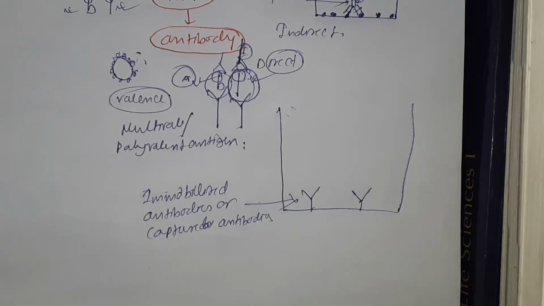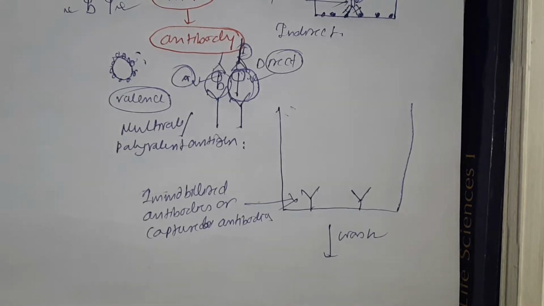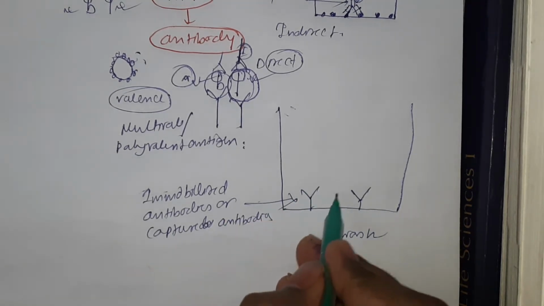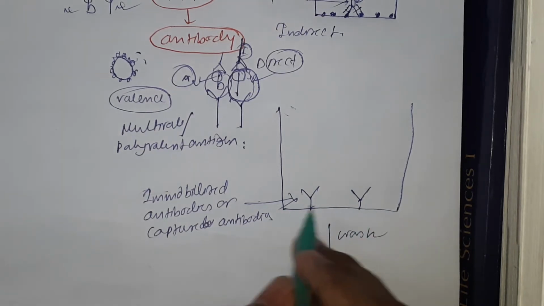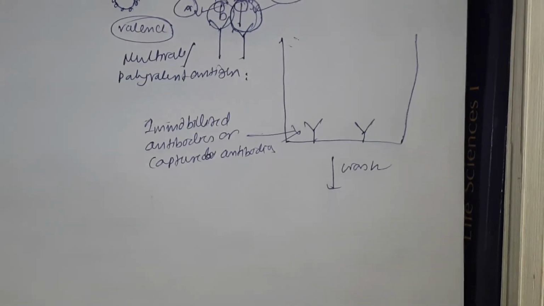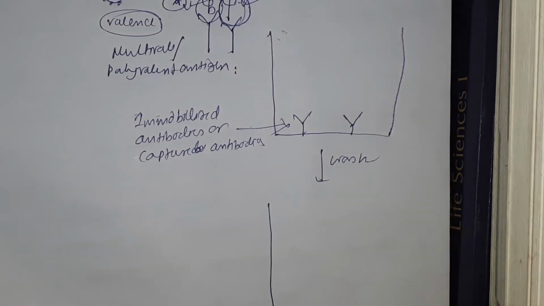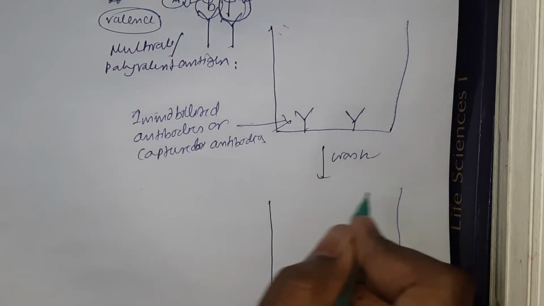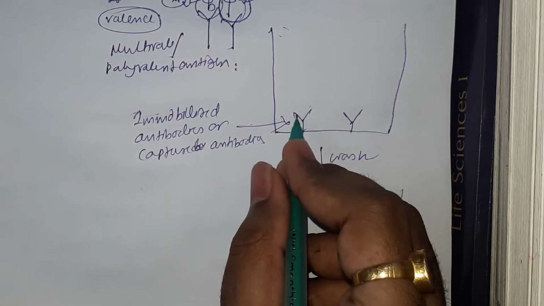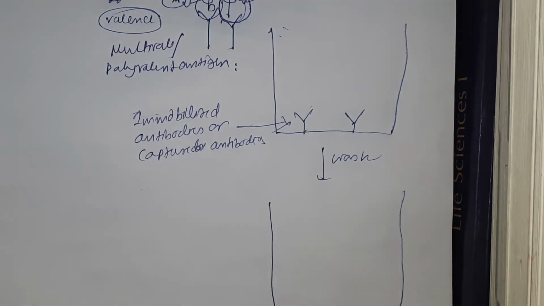Then we apply a washing step so that the antibody that cannot be immobilized on the surface of the microtiter plate will be washed away. Now we add our sample containing the antigen of interest, and this antigen will bind with the immobilized or carrier antibody by its specific epitope.